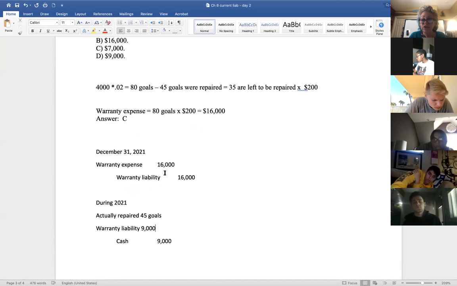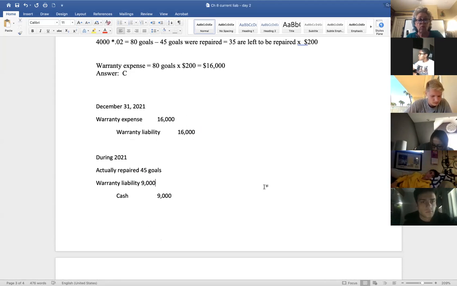You can also look at these journal entries where warranty expense is 16,000, which is the 80 goals times the 200. They actually repaired 45, and when they repaired the 45, they reduced their liability. And so now the remaining liability for these goals is that 7,000. So the balance of the warranty liability is 7,000, but warranty expense was 16,000.